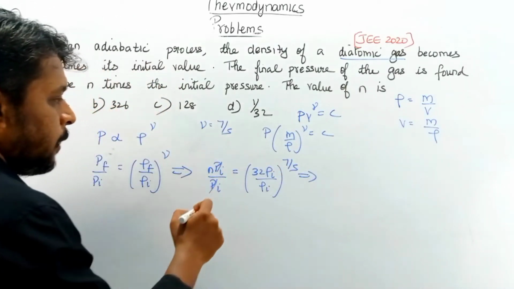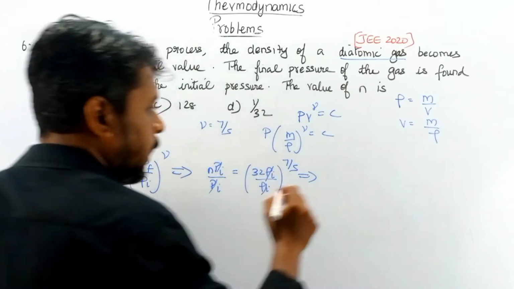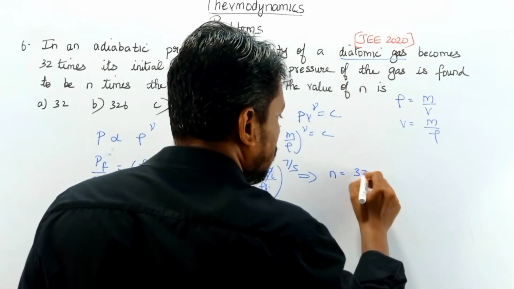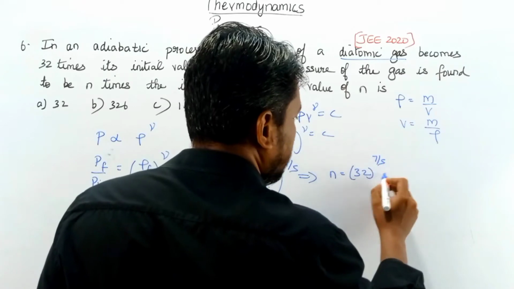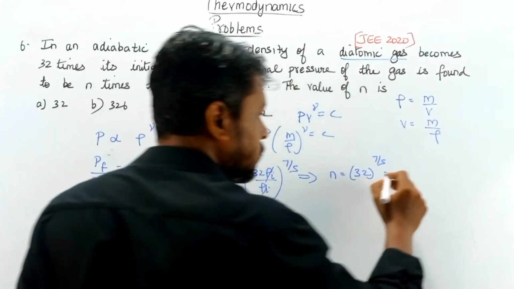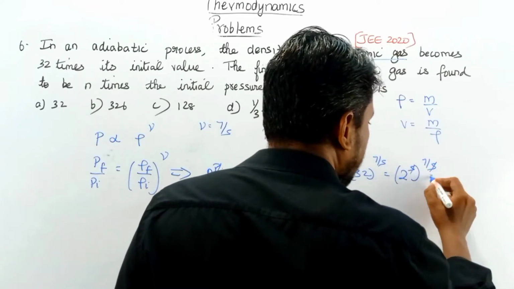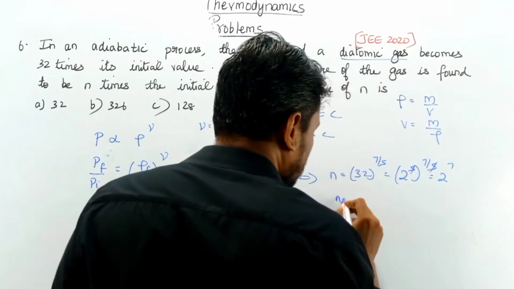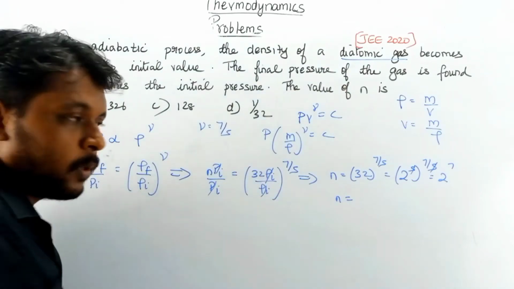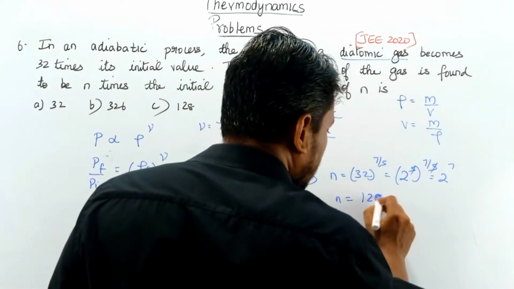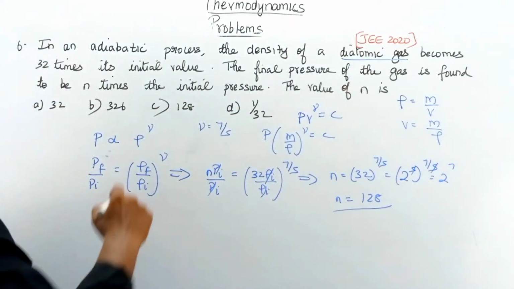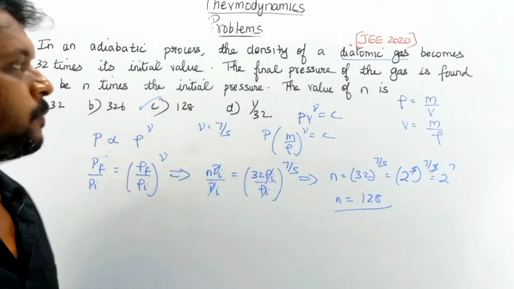Here P initial cancels and rho initial cancels, so n is equal to 32 to the power 7 by 5. 32 can be written as 2 to the power 5, so (2^5)^(7/5): the 5 cancels, giving 2 to the power 7, which is 128. So the value of n is 128.